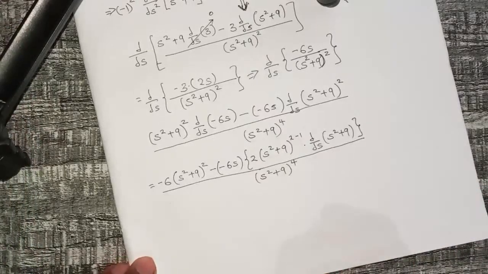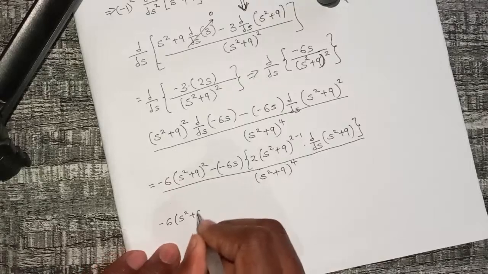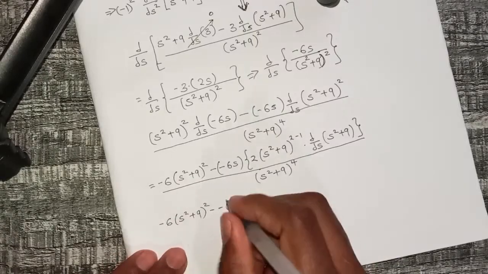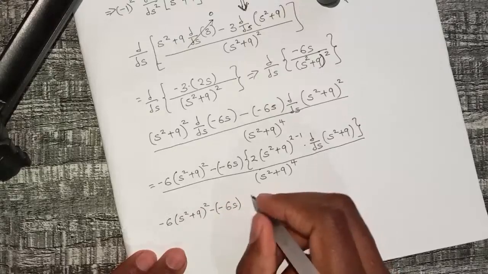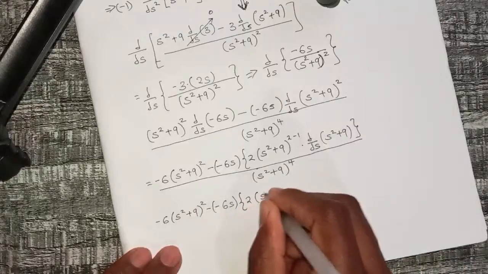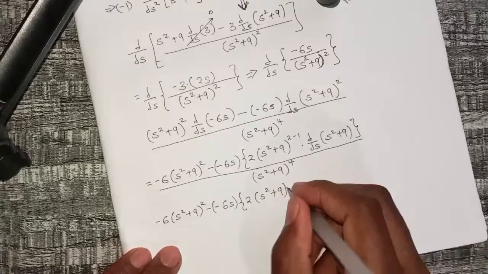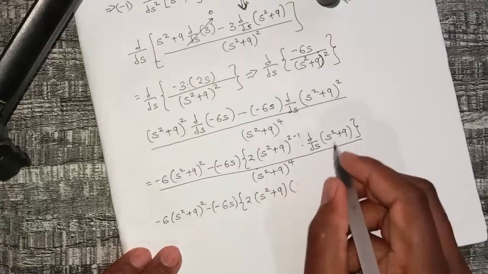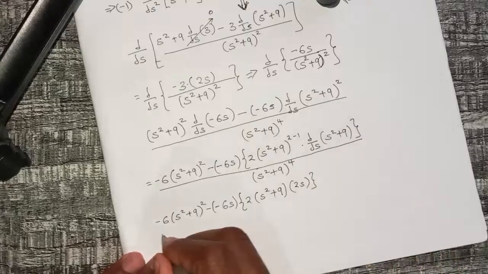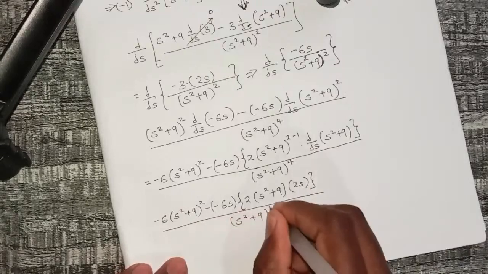This simply implies negative 6 times (s squared plus 9) squared, minus negative 6s times 2 times (s squared plus 9) multiplied by the derivative of this, which is 2s. You close that bracket and divide by (s squared plus 9) to the 4th power.